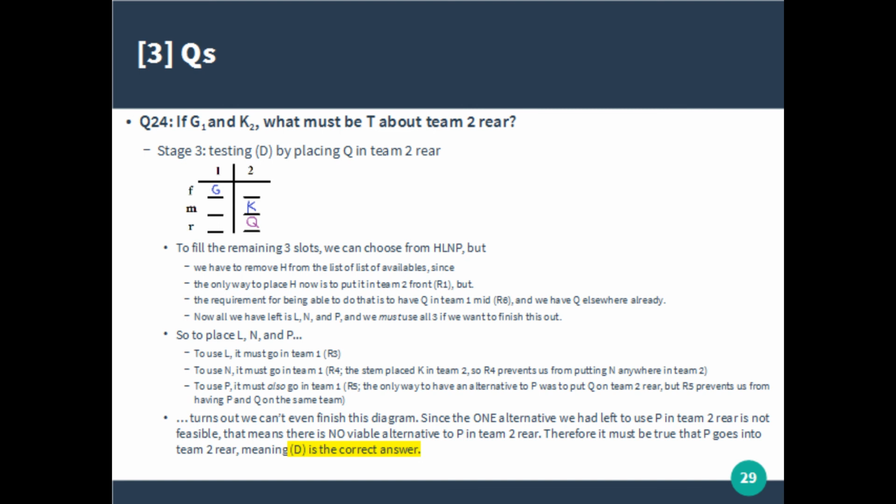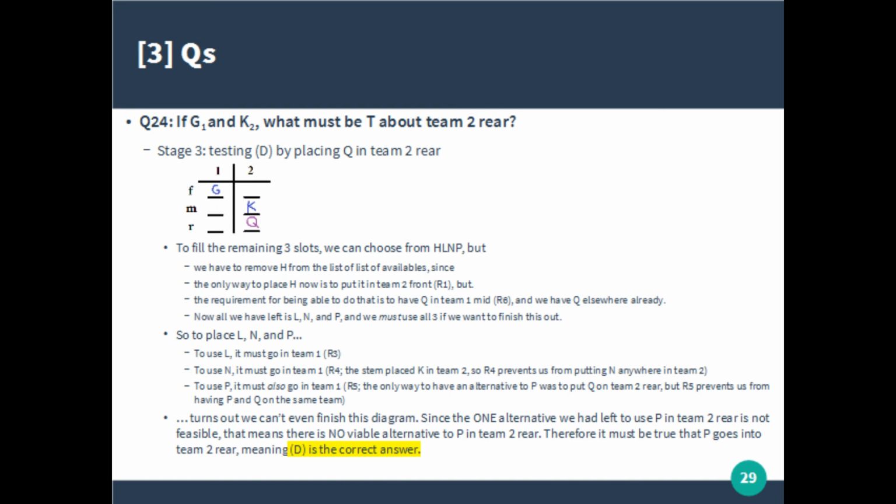But the problem is we have Q as our alternative in a different spot. We have it on Team 2 in the rear. So there's no way for us to fulfill the conditions that allow us to use H on Team 2. So H is now out of the running when it comes to Team 2 spots, and H could never be in Team 1 anyway because G is already in the front slot in Team 1. So H is just out of the running now.